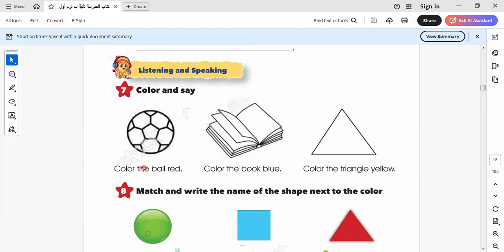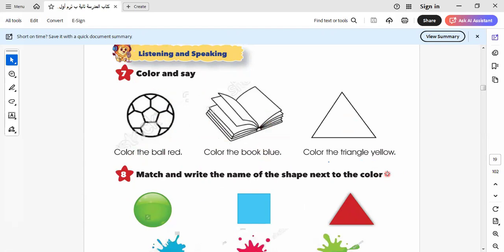This is from your textbook: Color and say. Here we say color the ball, color the book, color the ball in red, color the book in blue, color the triangle in yellow. I think now we know the colors. I make the different colors to show them. This is red. What is the blue? The blue is this one. This is yellow.